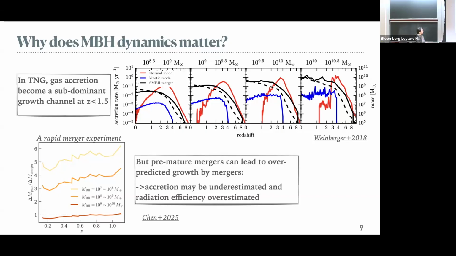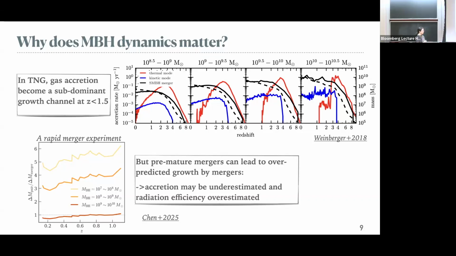We actually calculated how much overestimation you can have with this kind of treatment, and we predict that you will overestimate the mass accretion by merger by a factor of up to 5 if you have these early mergers. Basically, you stitch the black holes together and merge things too quickly, so you accrete too much black hole mass this way.